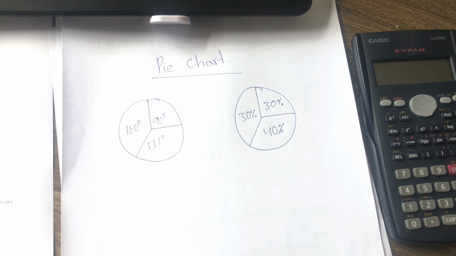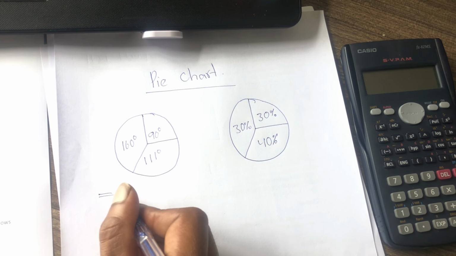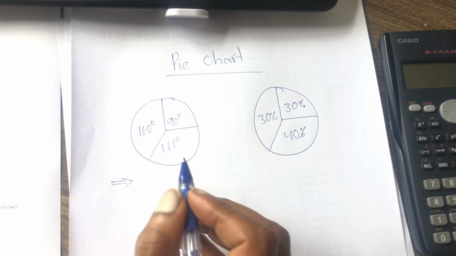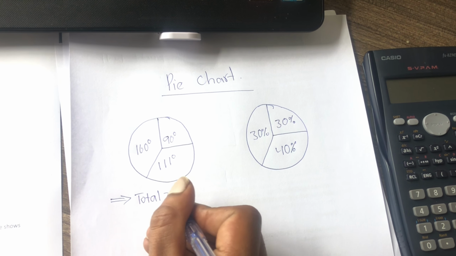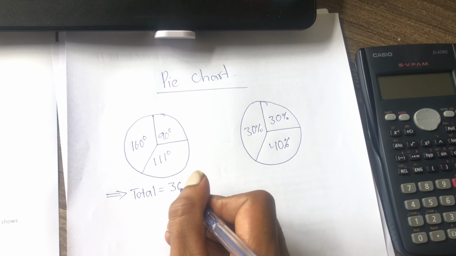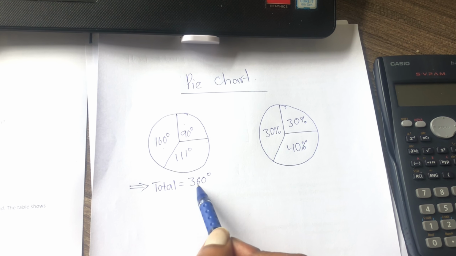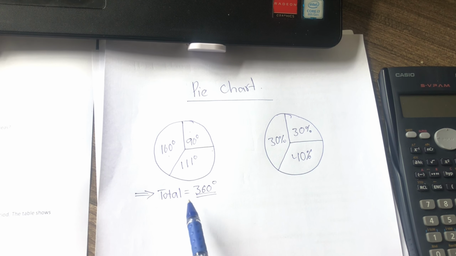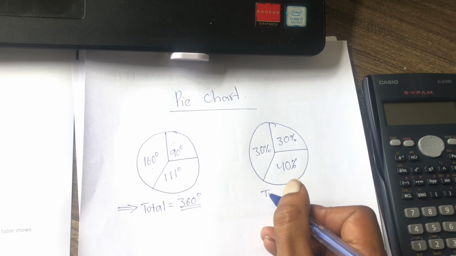Now what we need to understand: if the value is given in degrees, the total is equal to 360 degrees. If the value is given in percentage, the total will be 100%.